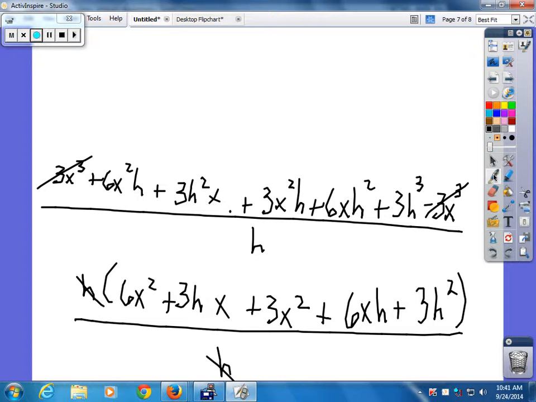Alright. So we get 6x squared plus 3x squared, so that's 9x squared plus 9xh plus 3h squared.